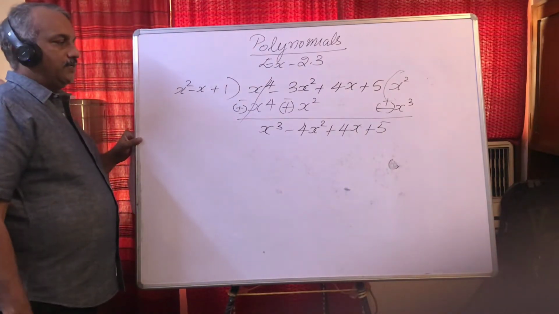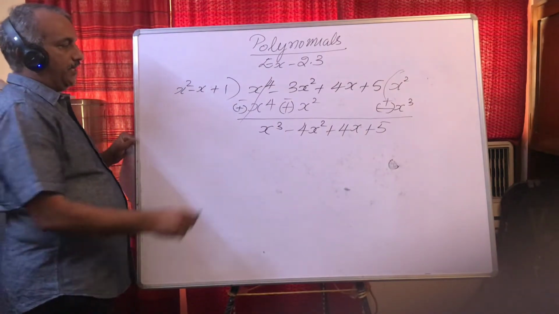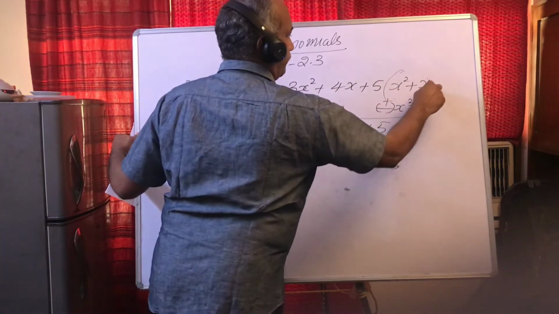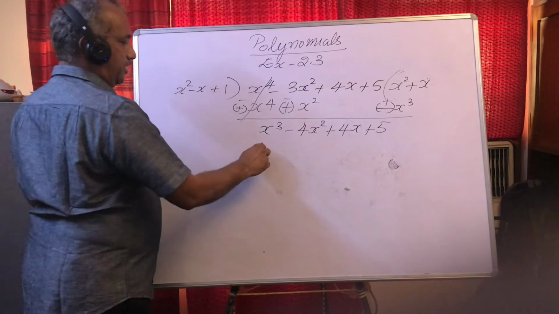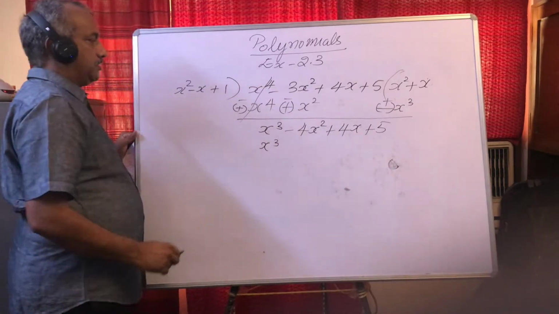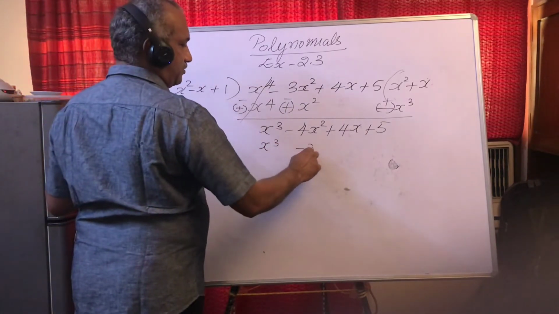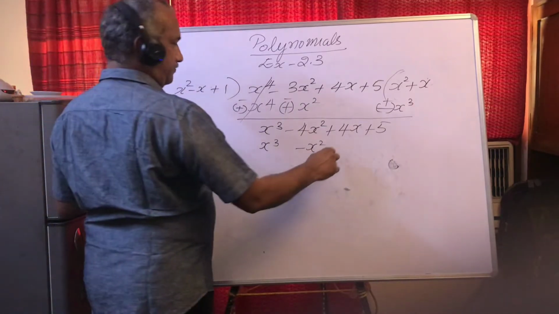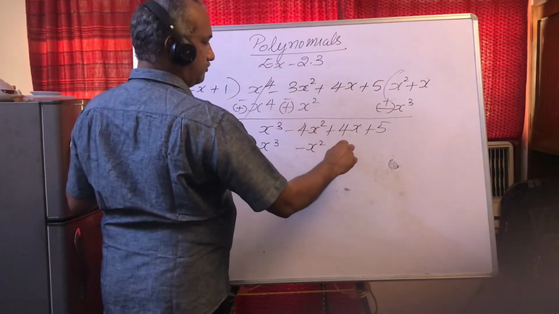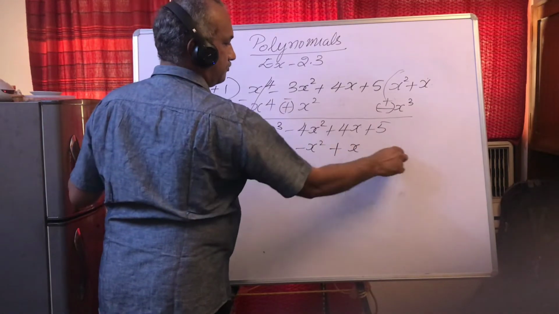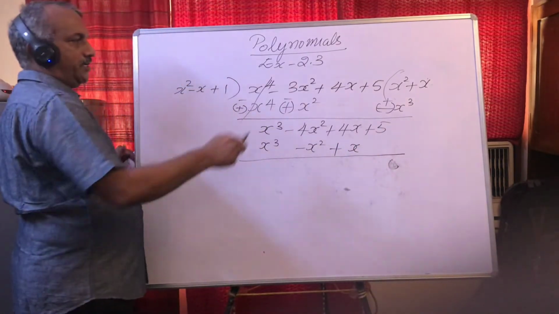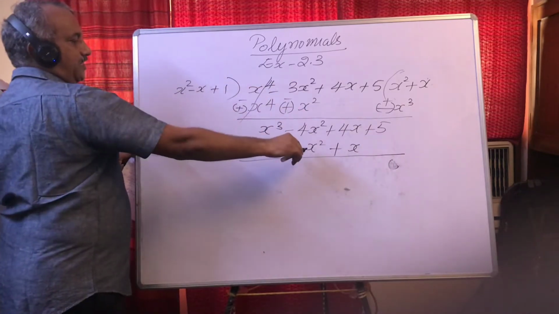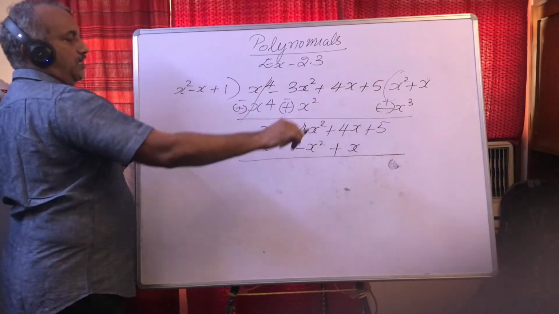Now we'll divide first term by first term again. x cube upon x square, plus x. x into x square, x cube; x into minus x square; x into 1, x.